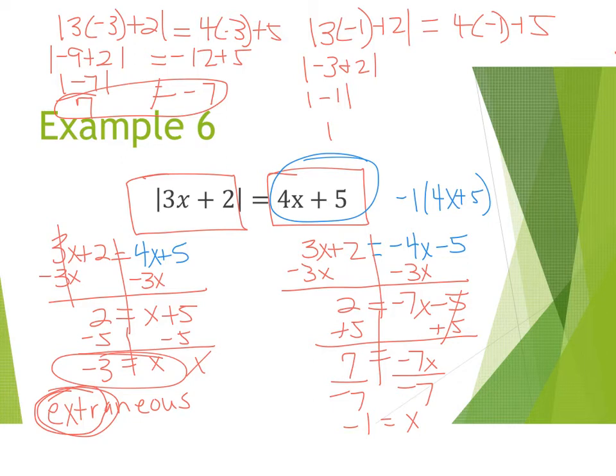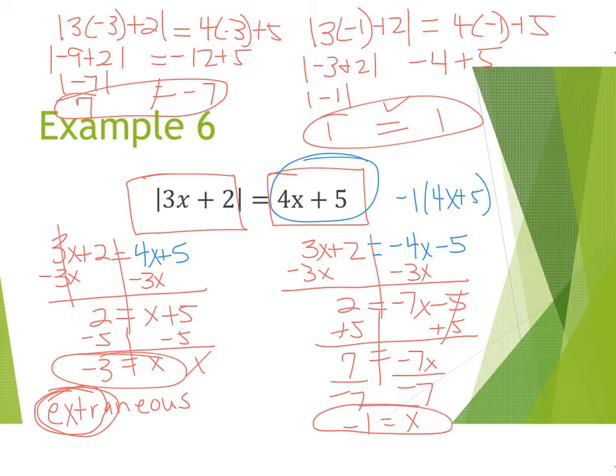And then over here, on the other side of the equal sign, 4 times negative 1 is negative 4 plus 5. Negative 4 plus 5 is 1. Alright, 1 does equal 1, so that solution works. So I only have one solution, one answer to this problem. It is x equals negative 1.